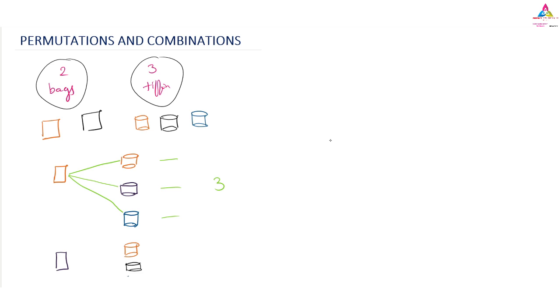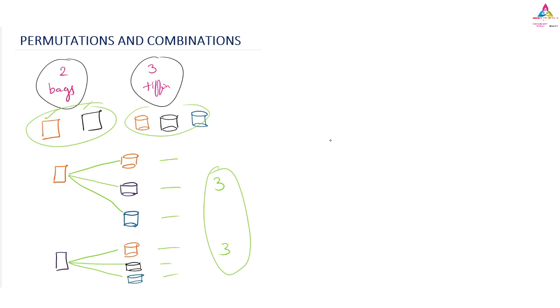So black with orange, black with black, and black with blue, 3 more choices. So in total we have 6 possibilities to choose any one of the bags and any one of the tiffin boxes together.